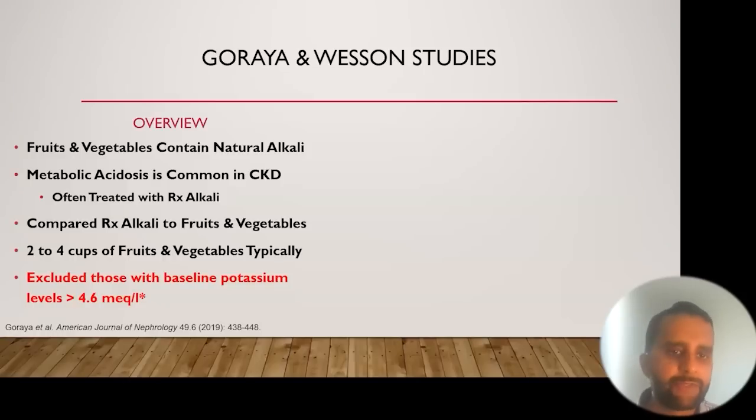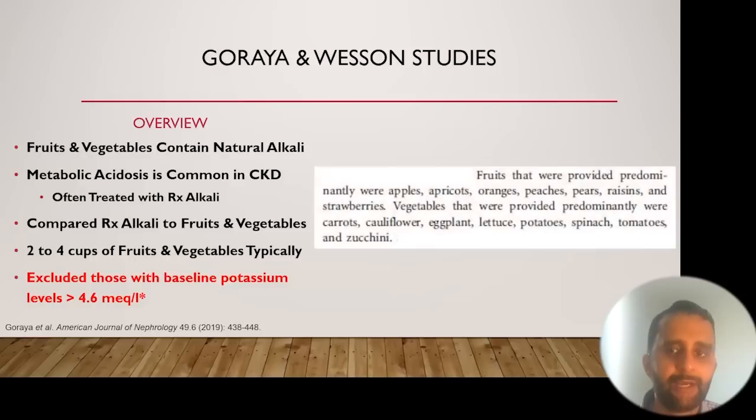Going back to those famous metabolic acidosis studies and talking about the 2 to 4 cups of fruits and vegetables, those studies did exclude participants with a baseline potassium level greater than 4.6. And as I mentioned, they ate all these fruits and vegetables, and they did not see an increase in potassium level in those studies.